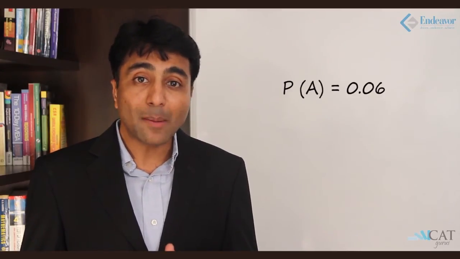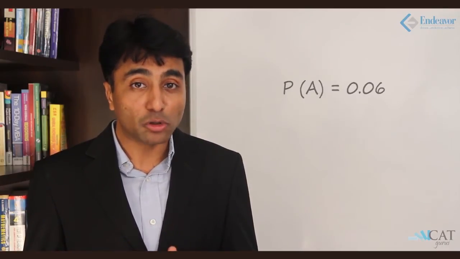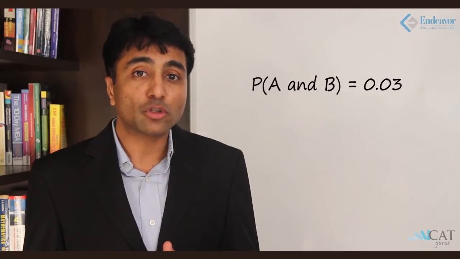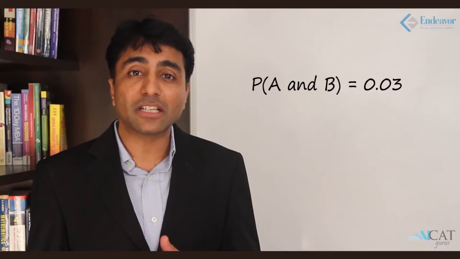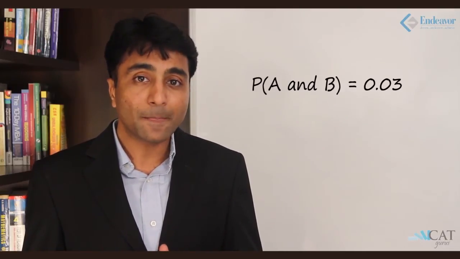If I look at the first case, a patient getting his tooth extracted, what is the probability? 0.06, and a patient getting both tooth extracted as well as cavity done is 0.03. So the probability of a patient just getting a tooth extracted and not getting a cavity done will be 0.03.